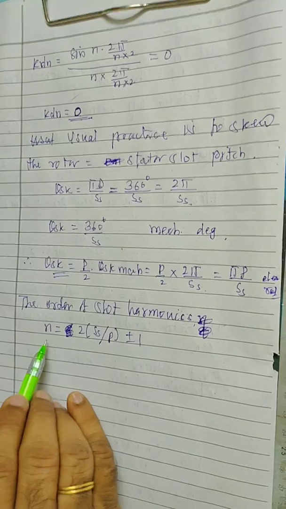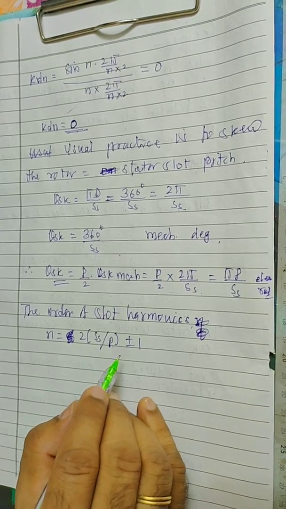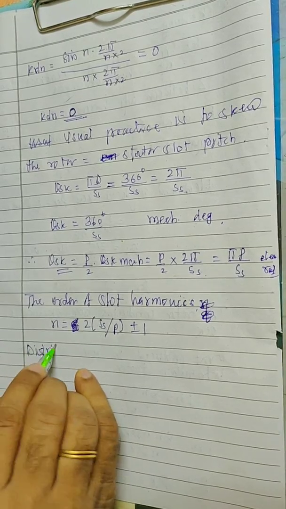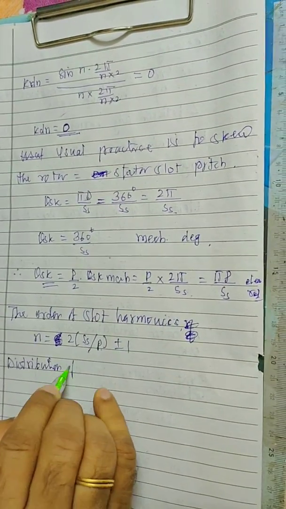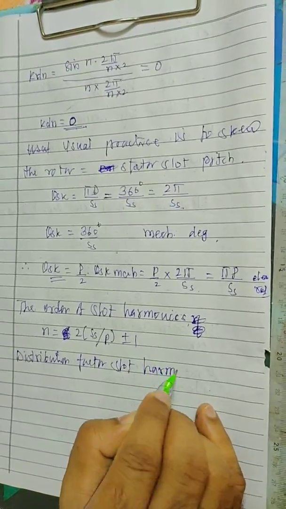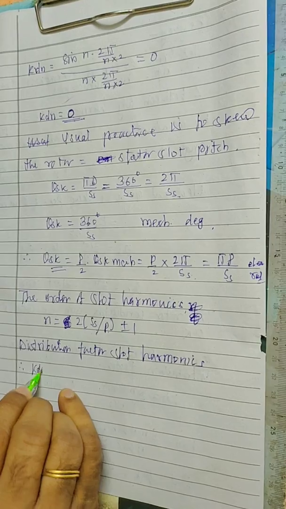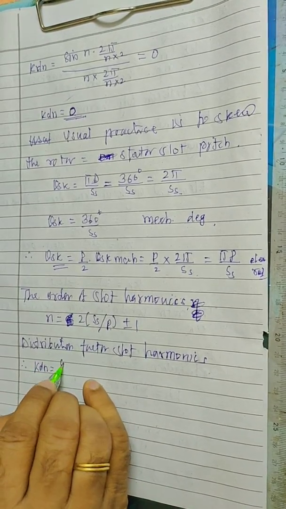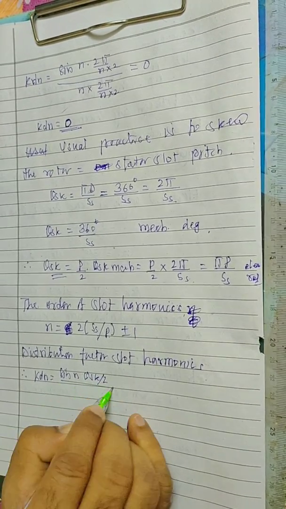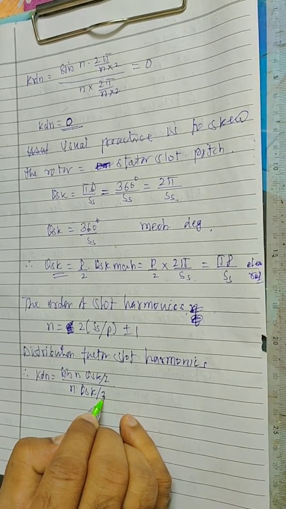So the distribution factor for slot harmonics is kdn equal to sin n theta sk upon 2 upon n theta sk upon 2.